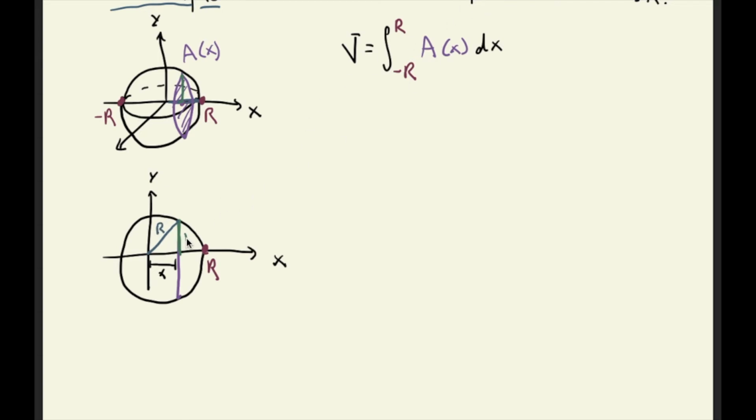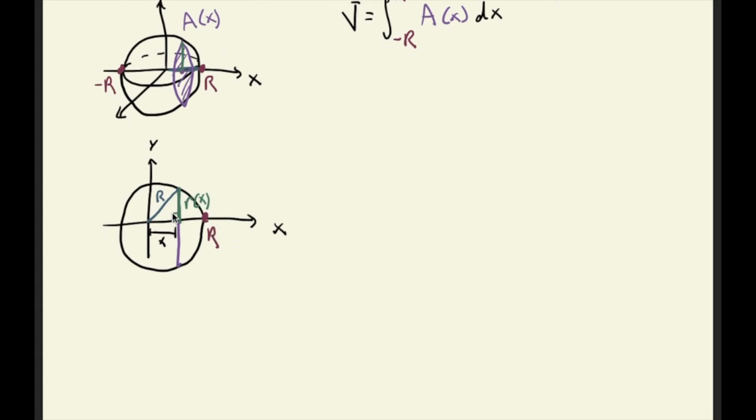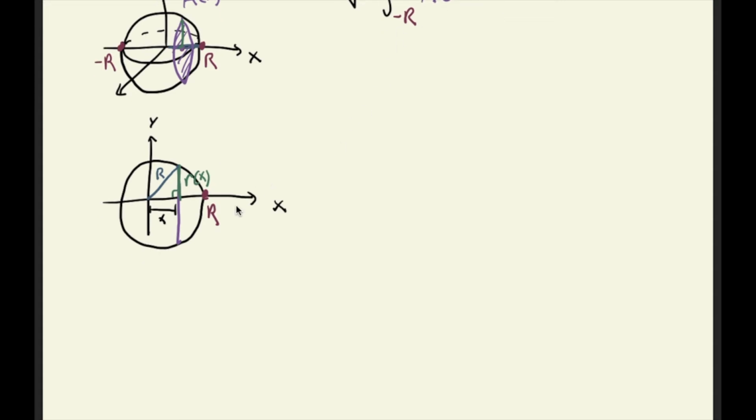Yeah? And so with this, this is a right triangle. We can use the Pythagorean theorem, right? It says that the two sides of the triangle squared, so x squared plus r of x squared, has to be equal to the hypotenuse squared.